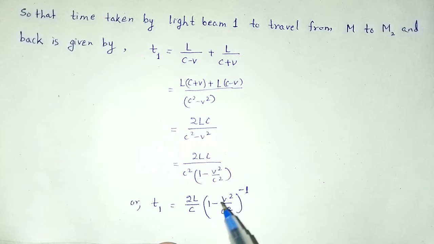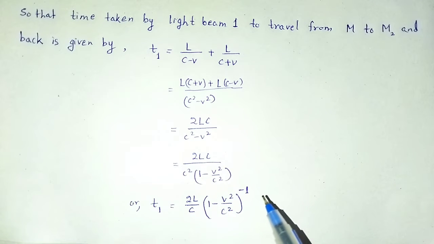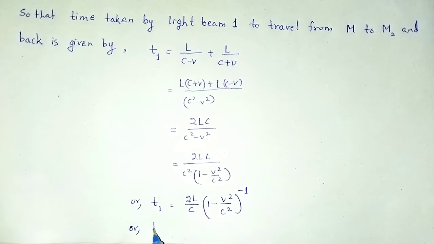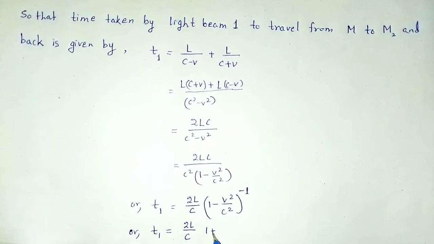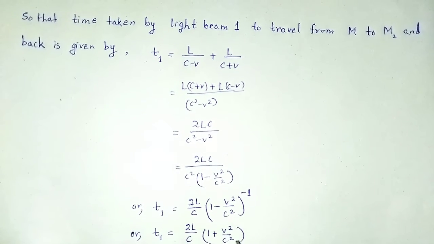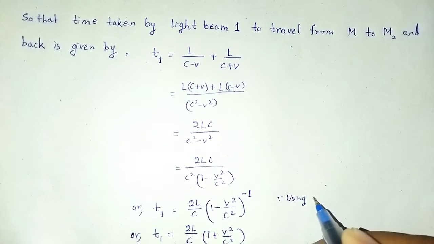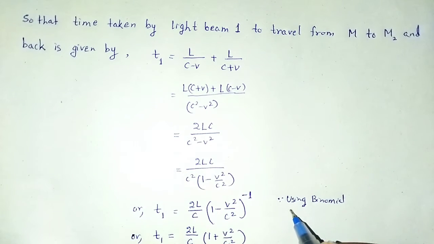Here we expand this term binomially, that is 2 terms, since the other terms are neglected as the higher powers of v square by c square. Using the binomial theorem, we have T1 is equal to 2L divided by c, 1 plus v square by c square, applying the binomial expansion.